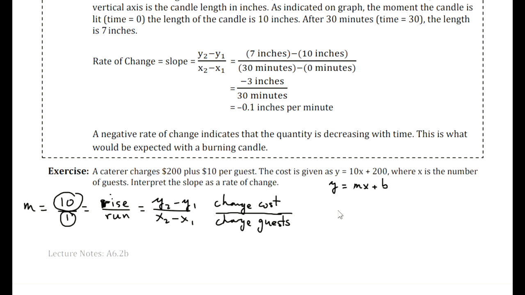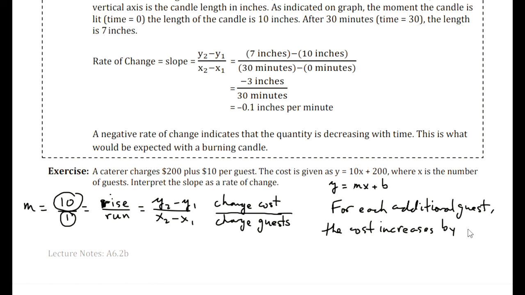So that the slope equals 10, we can interpret it as for each additional guest, the cost increases by $10. That's the slope interpreted as a rate of change.